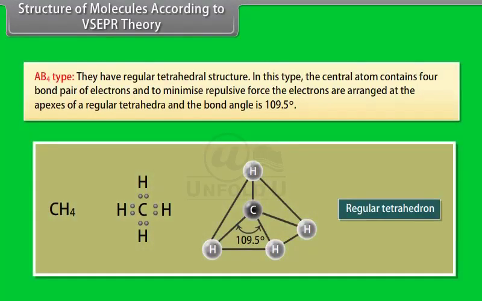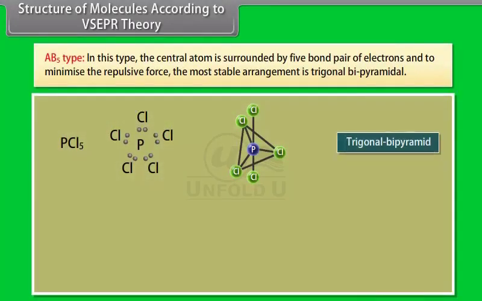AB4 type. They have regular tetrahedral structure. In this type, the central atom contains four bond pair of electrons, and to minimize repulsive force, the electrons are arranged at the apexes of a regular tetrahedron, and the bond angle is 109.5 degree. AB5 type.